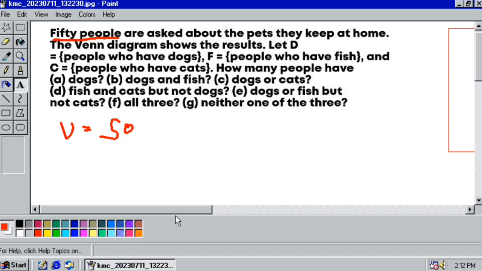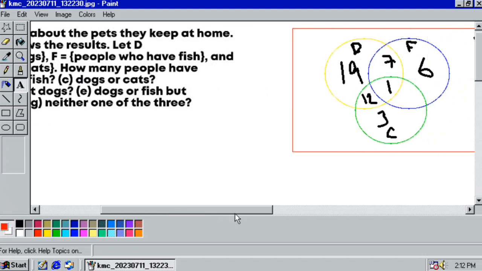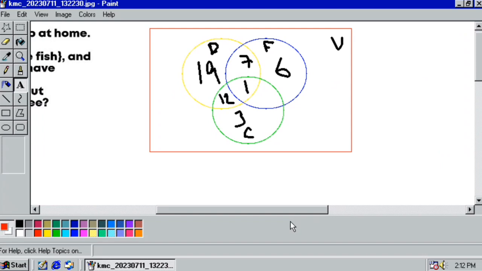So let D have the people who have dogs. Let set F have the people who have fishes, and set C the people who have cats. Let's explain this Venn diagram.